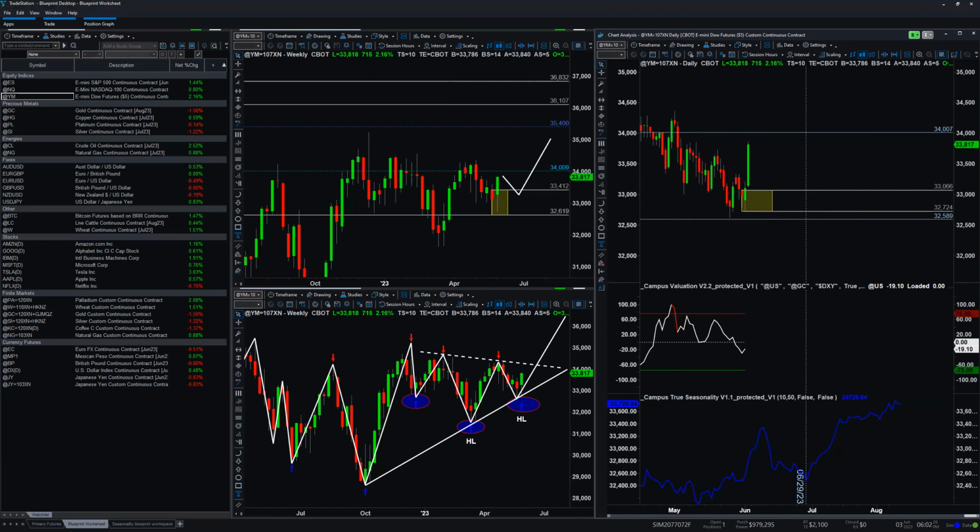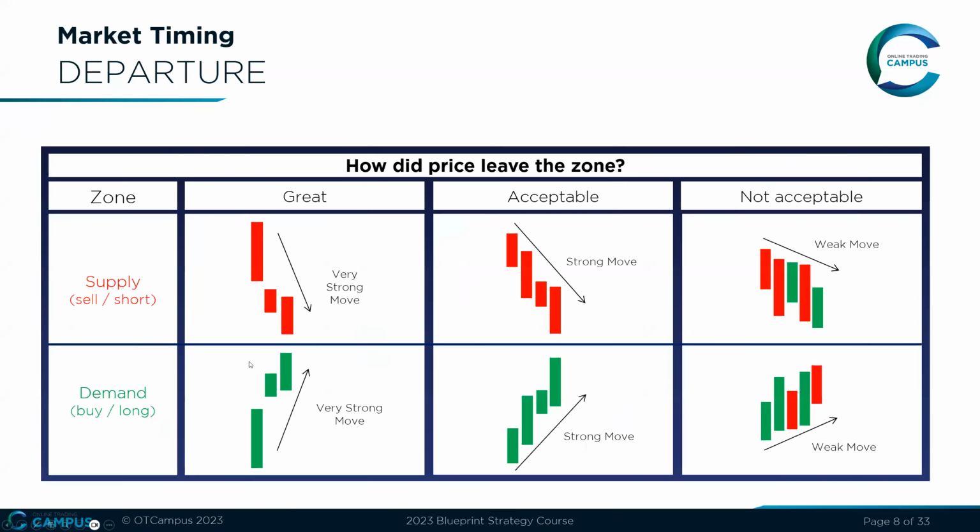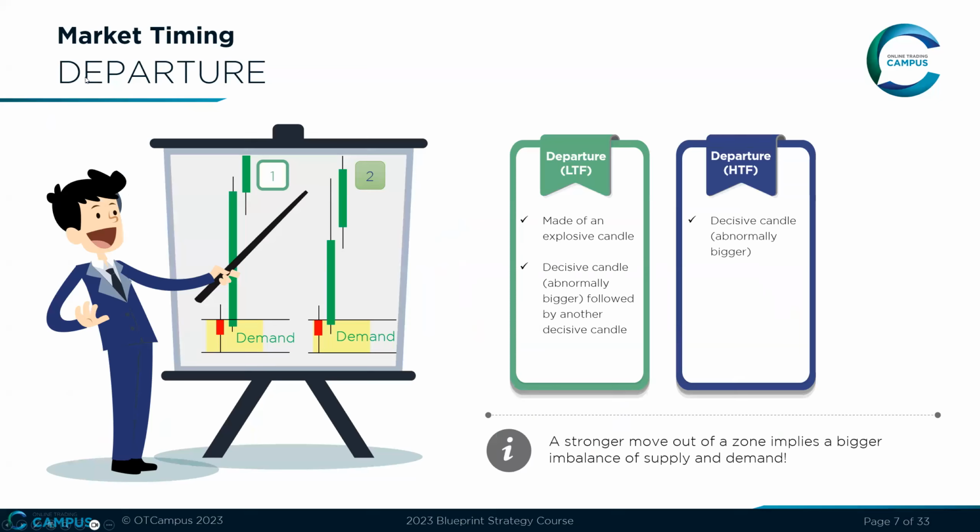So our first rule that we introduced is our departure rule. Now our departure rule, we look at the leg out, and the leg out has to be made up of explosive candles and/or decisive candles that are abnormally bigger.